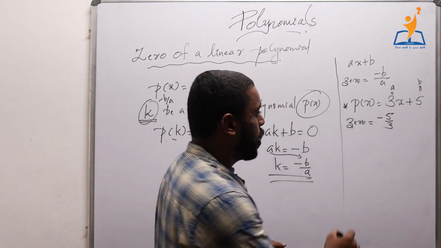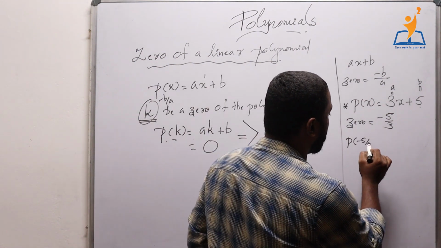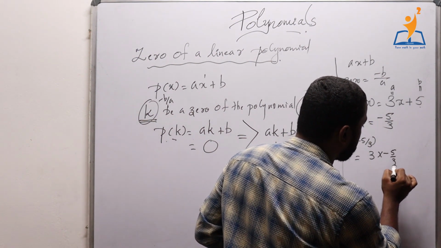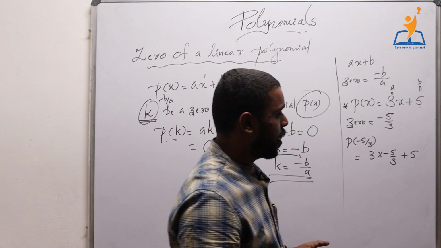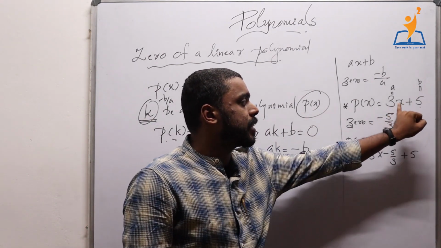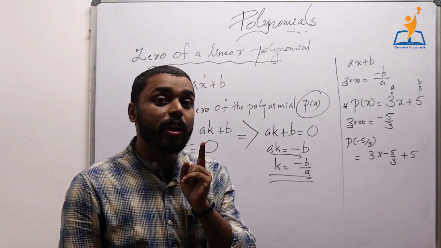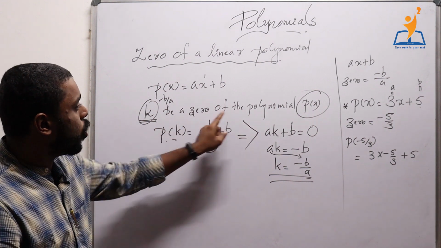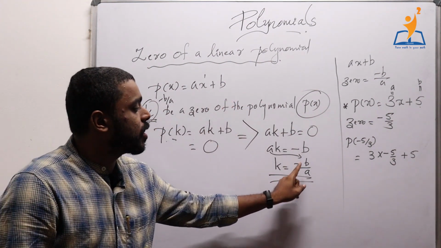Let us check it out. p of minus 5 by 3 equals 3 into minus 5 by 3 plus 5. We substituted minus 5 by 3 instead of x. How did we get minus 5 by 3? Because we derived that if k is a 0 of this polynomial, then k is equal to minus b by a.